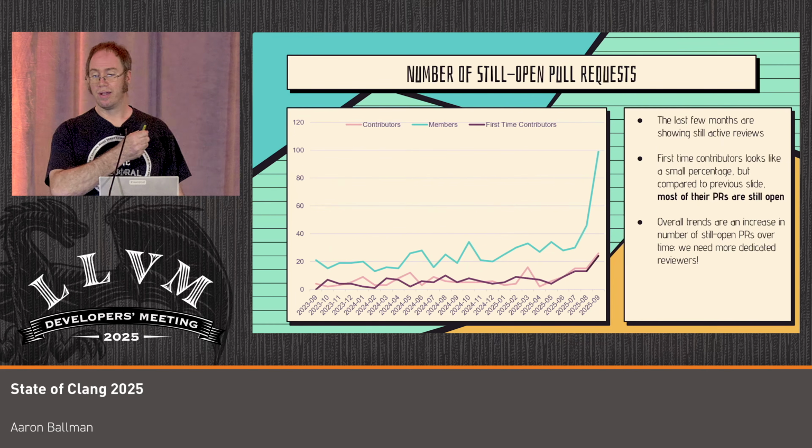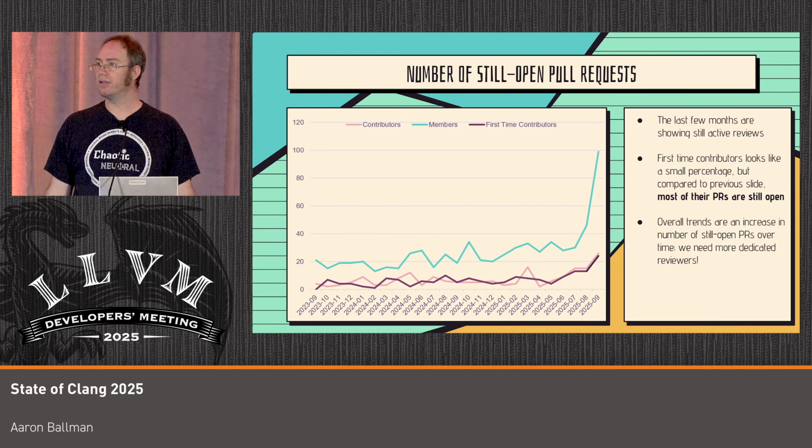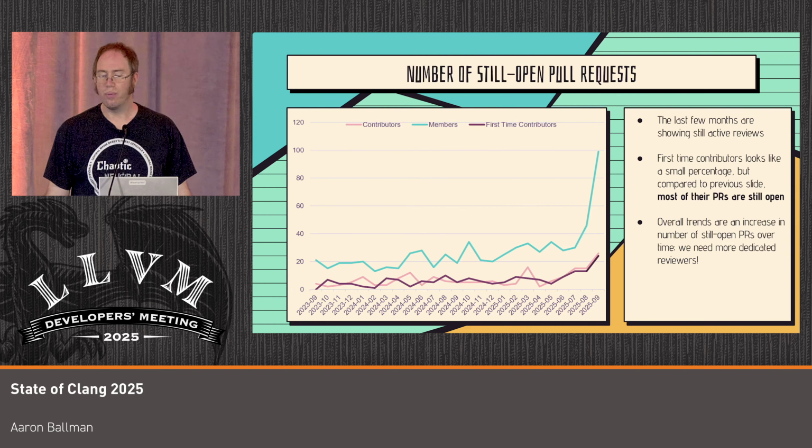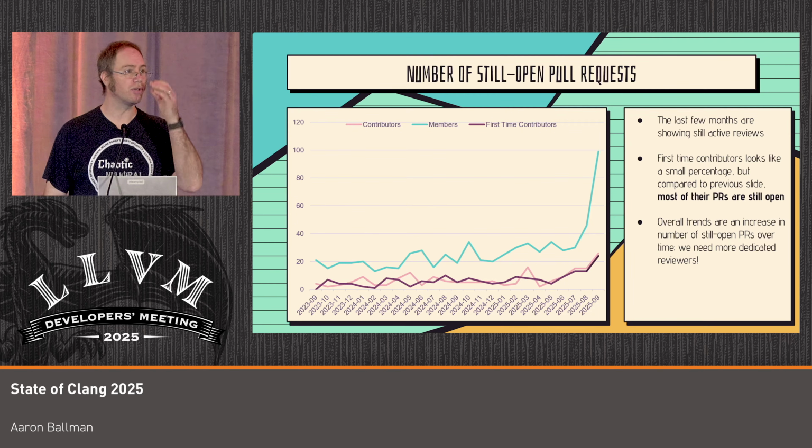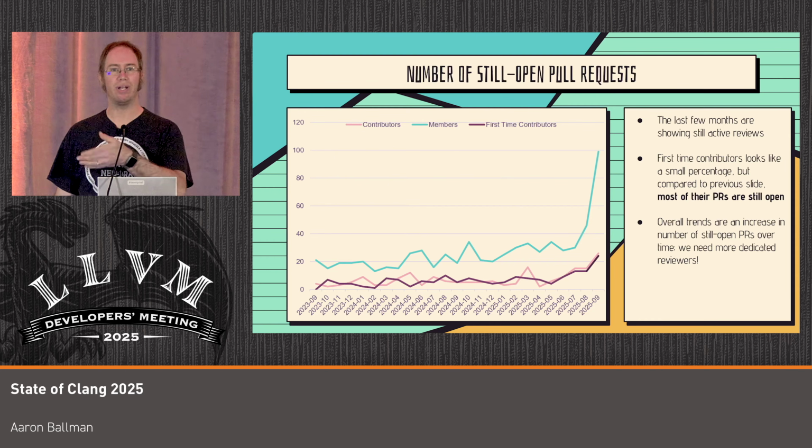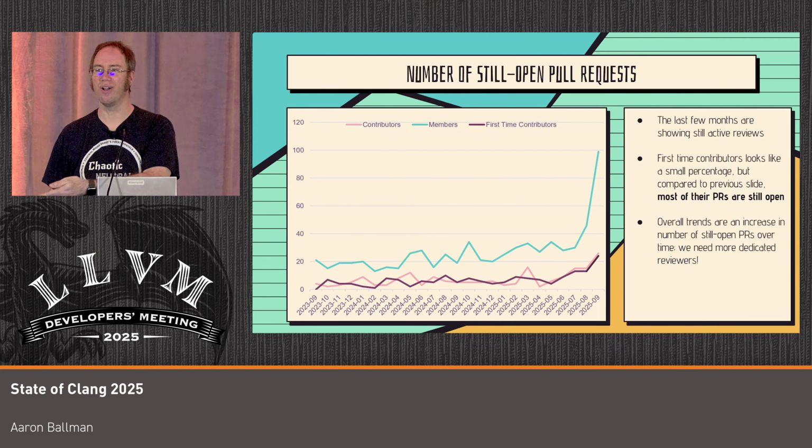But one thing that's a little worrying to me is when you look at the number of still open pull requests, the ones for first-time contributors, almost every one of their pull requests remains open indefinitely. They're not getting reviewed. And I think that what's happening here is because when you are a first-time contributor, you don't get to put anybody down as a reviewer on your PR.